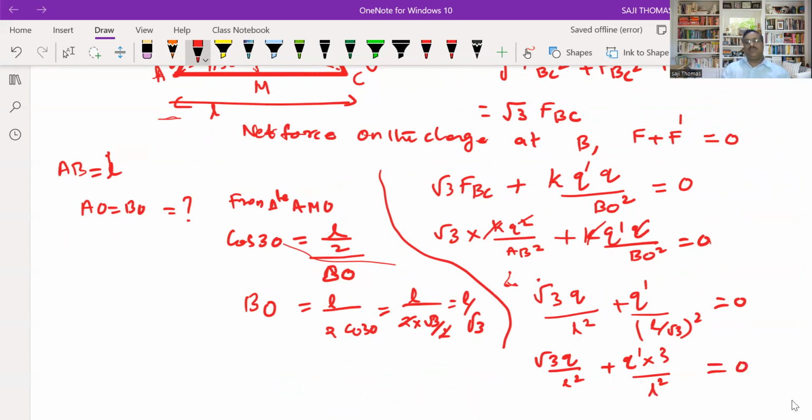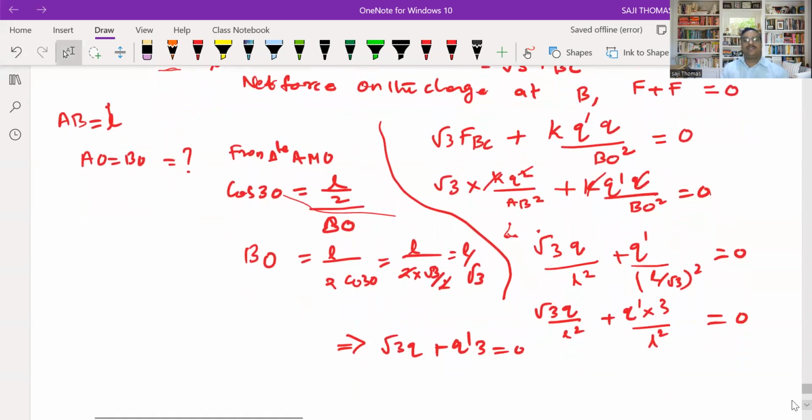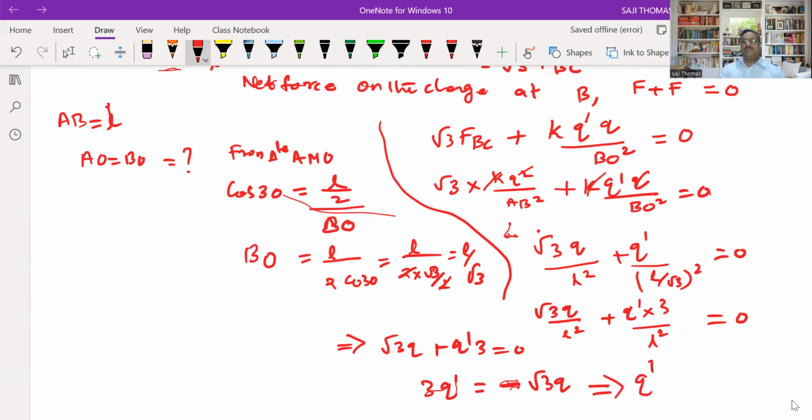You can cut L square also. You get root 3 q plus q dash into 3 equals 0. Then 3 q dash equals minus root 3 q. So q dash equals minus root 3 q by 3, which is minus q by root 3. This is the value of the charge.